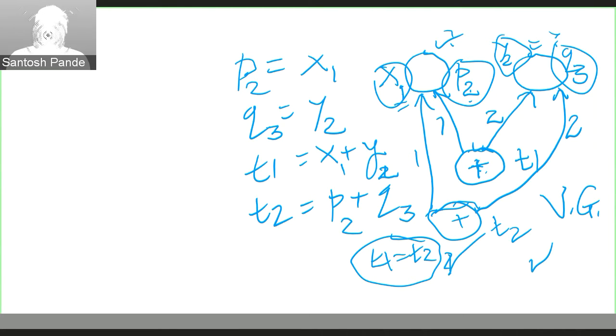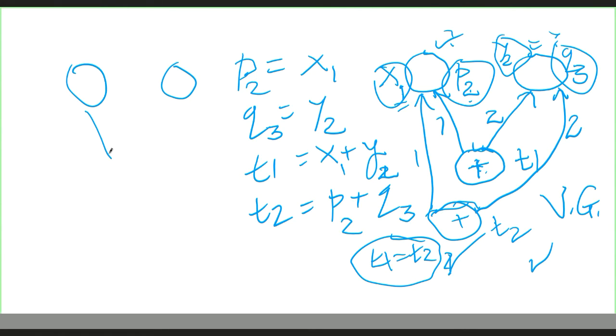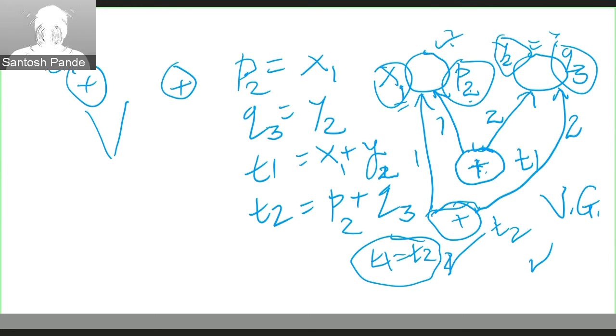That basically means T1 and T2 are congruent. Okay, now extending this, I just want to quickly show you how this process really works. So this is my plus, and this is my T1. This is my plus, and this is my T2. And I'm just going to draw something here because it's a little cluttered.